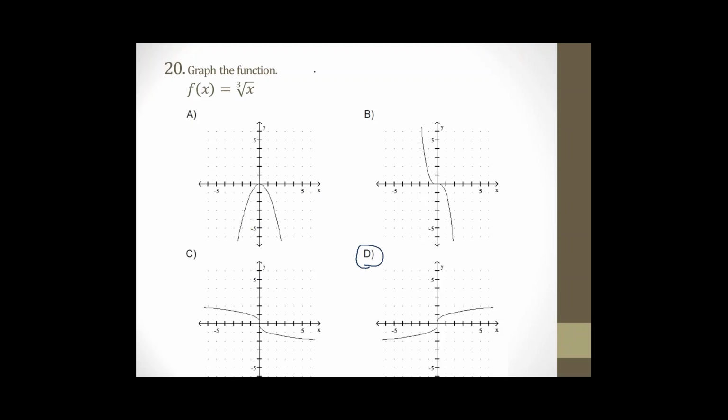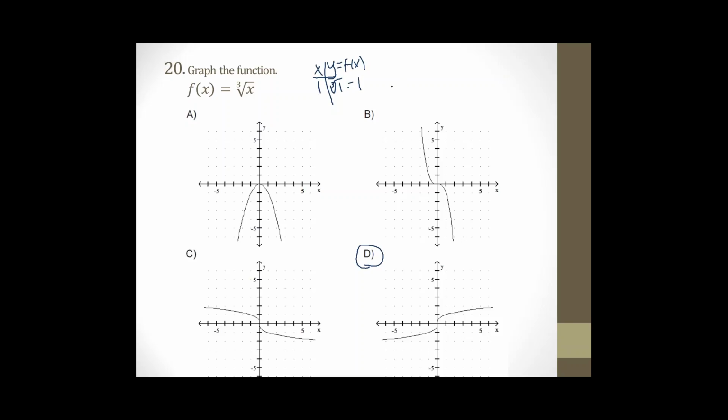Just to show you how to do it by hand, you can make a quick table. Let's think of some x values that I could plug into my function that would be easy to solve. 1 would be a good one. When x is 1, f of x will be the cube root of 1, which is 1.